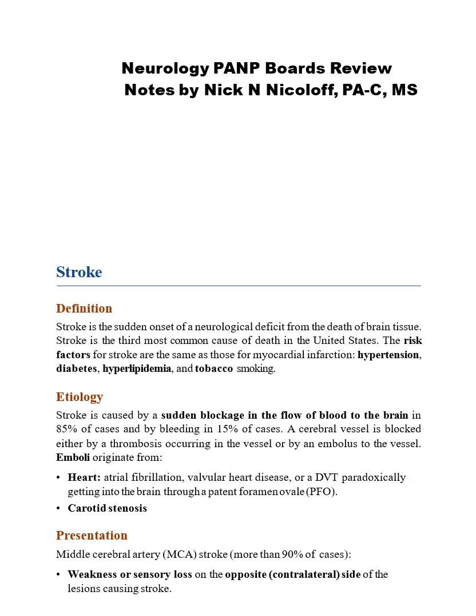Emboli originate from two places, heart and carotid stenosis. Heart, this is caused by AFib, valvular heart disease, or DVT. And there is so-called PFO, or patent foramen ovale, which brings the paradoxical emboli to the brain.